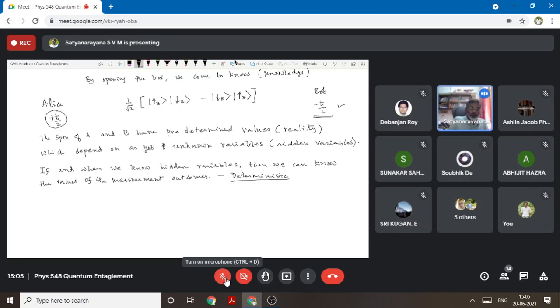Now can the information that Alice has made a measurement go to Bob instantaneously? That does not happen according to the special theory of relativity. So no instantaneous information transfer is possible. Then how is this correlation building up, or how can this correlation in the measurement results be understood?